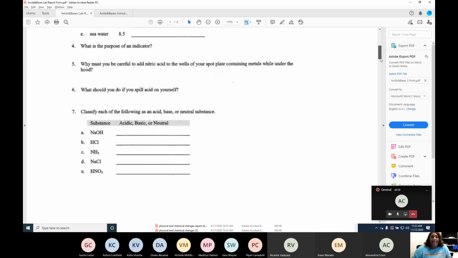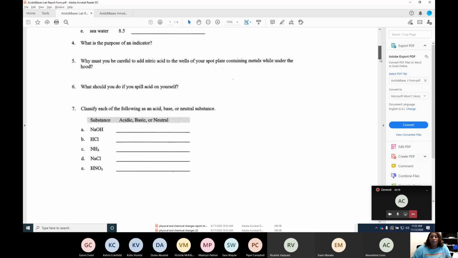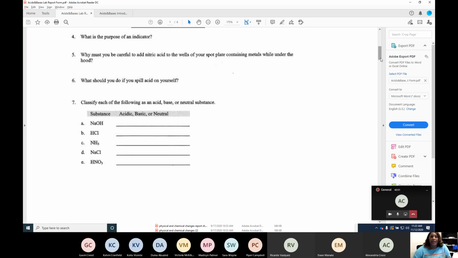Now, if you ever spill acid on yourself, you need to wash the spill off of yourself immediately with plenty of water. So getting underneath a safety shower would be the correct protocol if you were in the lab and you spilled acid on your clothing. And so getting yourself all wet should be the least of your concern.